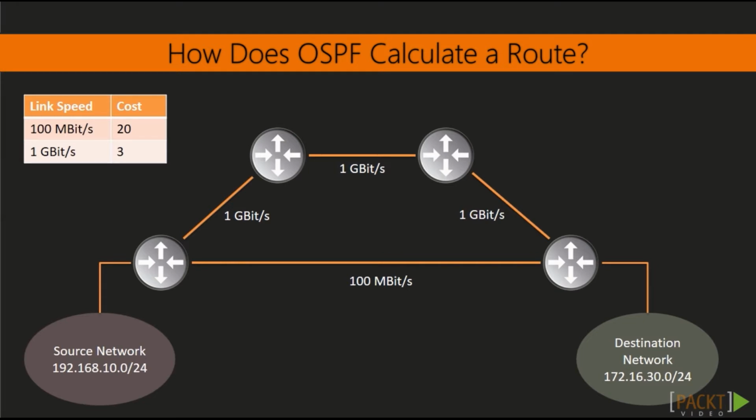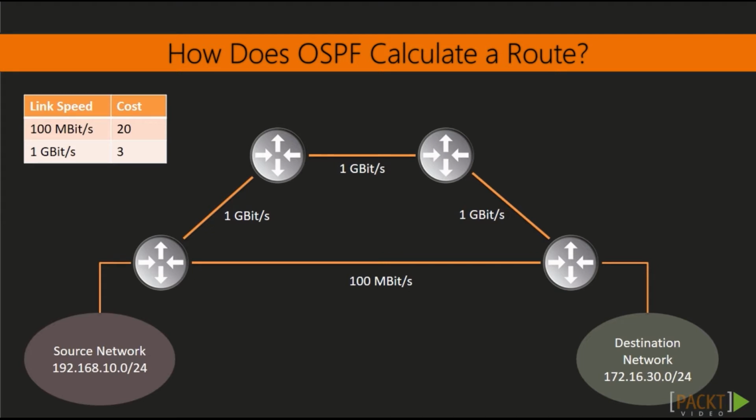And OSPF uses something called cost. There are default values, but they can be configured as well. In my example, I'm using a cost of 20 for the 100 megabits and a cost of 3 for the 1 gigabit interfaces. That means less bandwidth costs more.